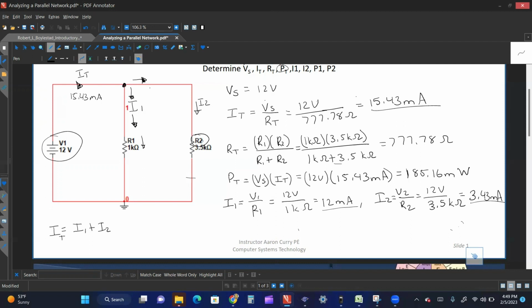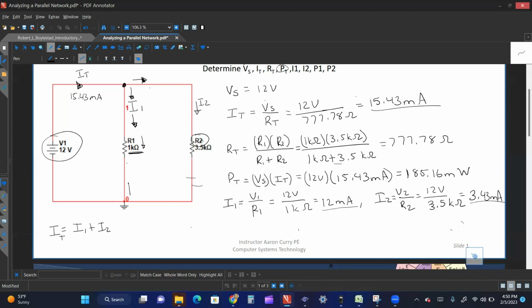Well, current always follows the path of the least resistance. You're always going to have some current flowing in different directions, but majority of the current is going to flow in the path of the least resistance. And so in this case, the least resistance is 1 kilo ohm. So it only makes sense for majority of the current to flow through this 1 kilo ohm resistance.